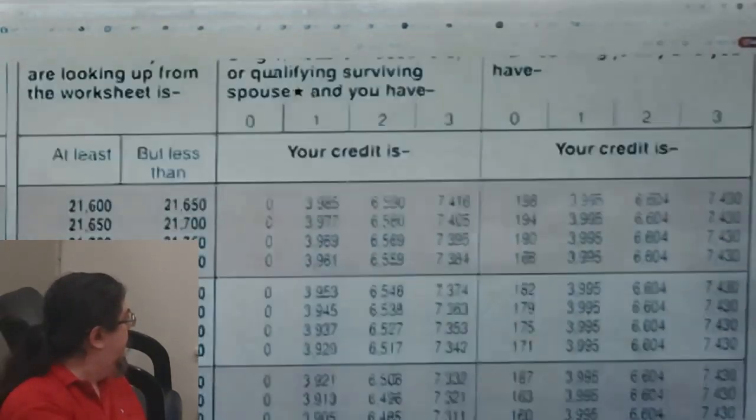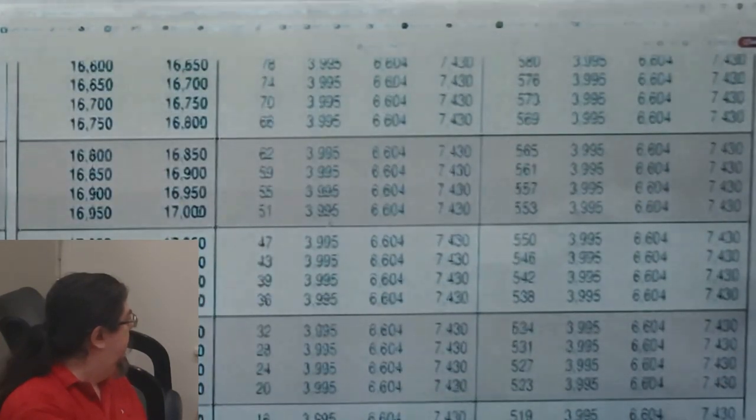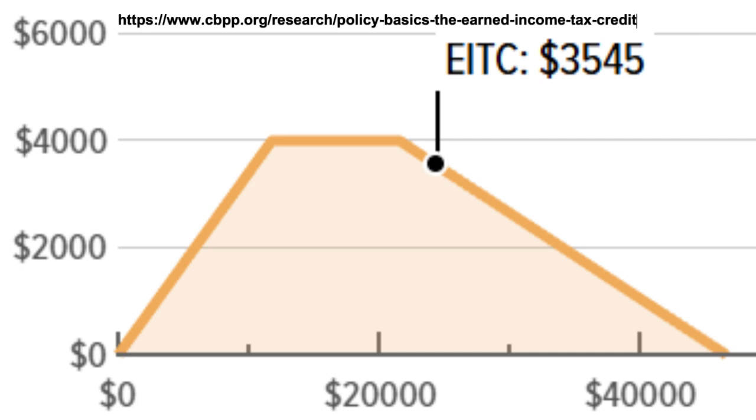And you'll notice when we did the first one, this number was the same, like all these numbers are the same. The way the earned income credit works is it starts at 0. If you have 0 earned income, you also have 0 earned income credit. And it goes up by a percentage of your earned income, a different percentage depending on how many qualifying children you have.